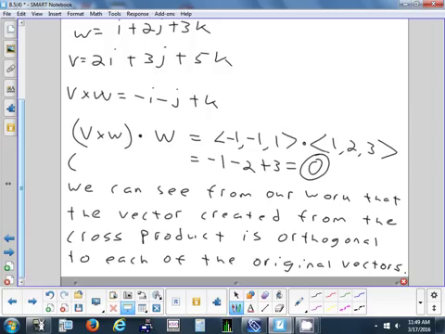All right. So it could help, I would think, in some kind of navigation situation for a computer. As long as you had two vectors in the horizontal plane, the computer could figure out which way is up and which way is down, just by using a cross product.